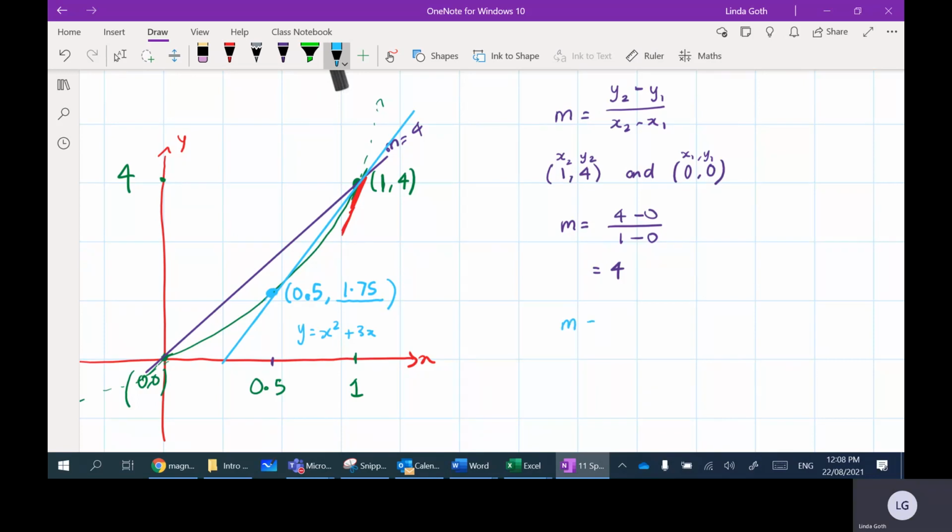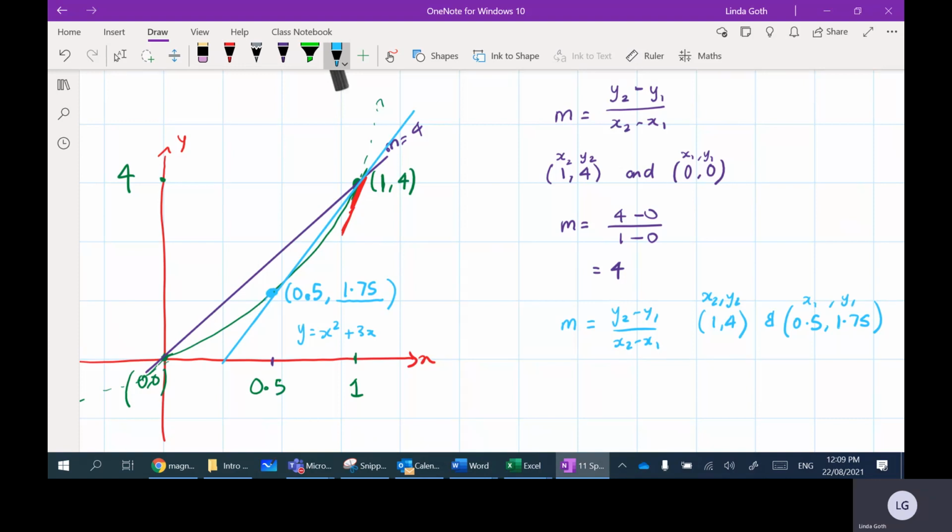So I'm going to do m is equal to, well, this time it's going to be y2 minus y1 on x2 minus x1. And my points this time, I'm still going to use 1, 4, and that'll be my x2, y2. And this time it's going to be between 0.5 and 1.75. So when I use that, that'll be my x1 and my y1.